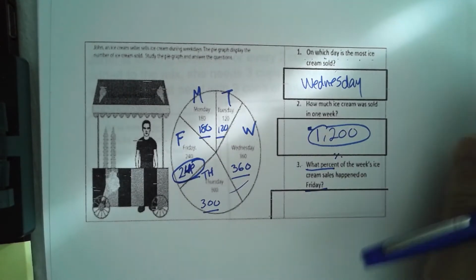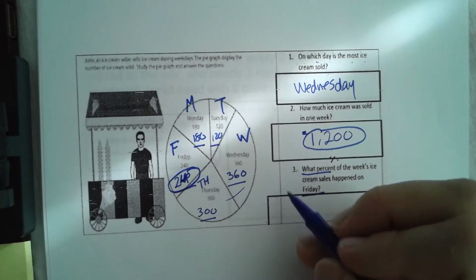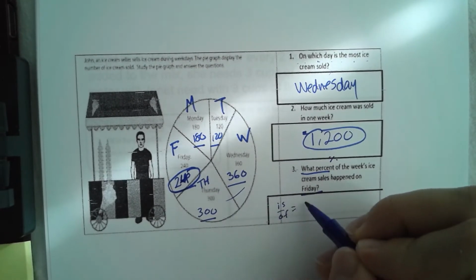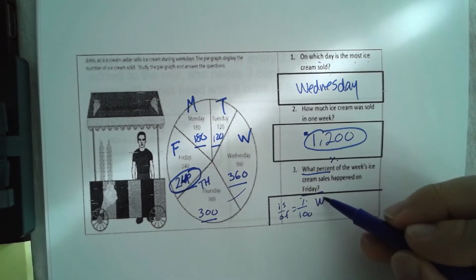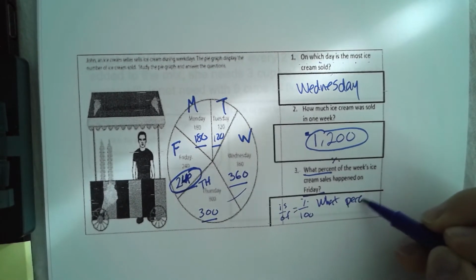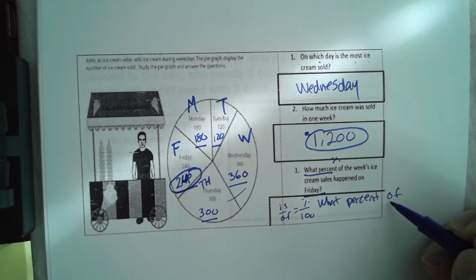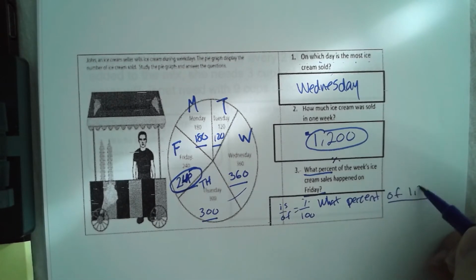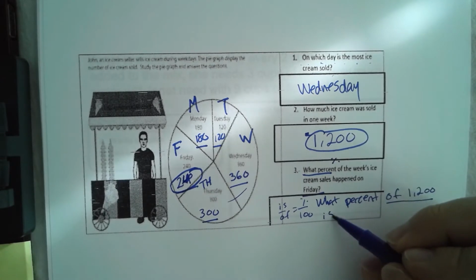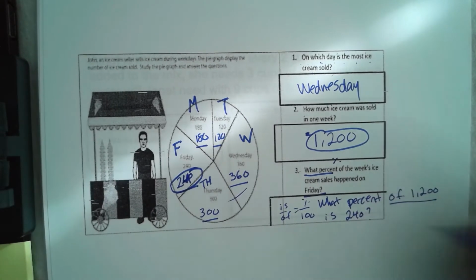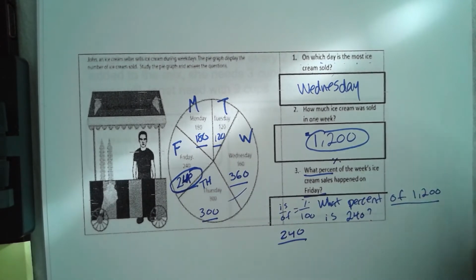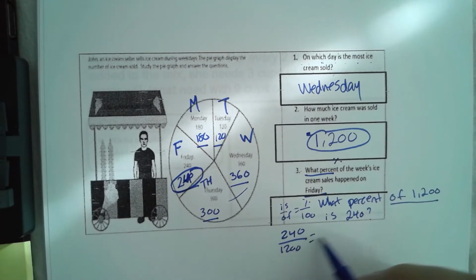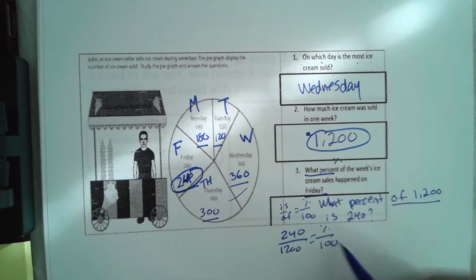Okay, so you can set up a word problem by using is over of equals percent over 100. You can ask yourself, what percent of what? The total. 1,200 is 240. And you can do is 240 over of is 1,200 equals percent over 100.